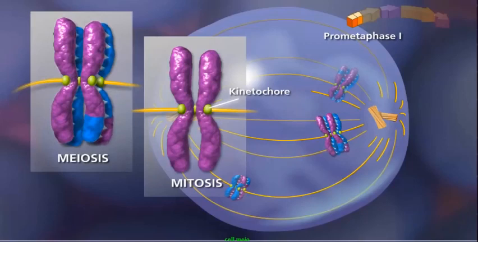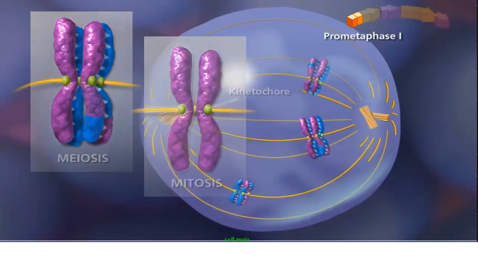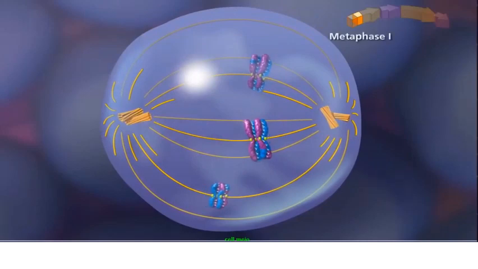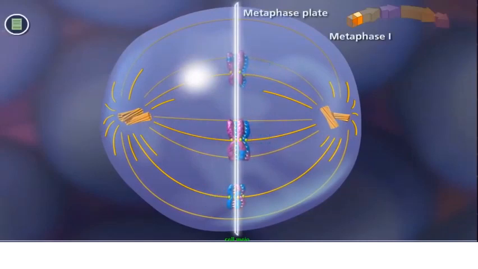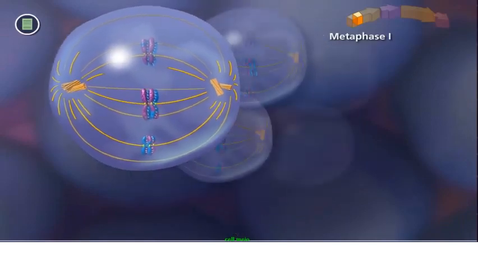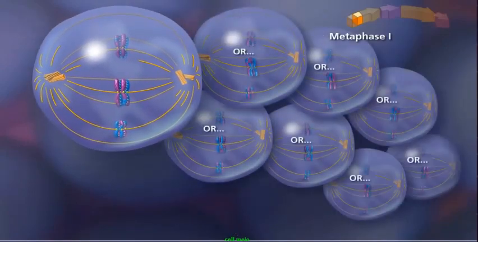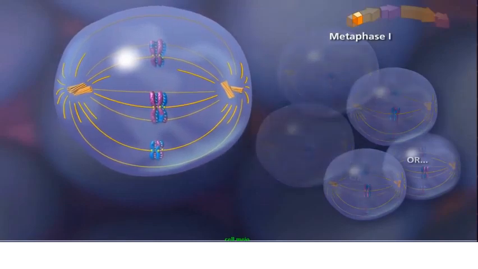In mitosis, each sister chromatid is attached to a spindle fiber. The fibers originate from opposite poles. During Metaphase I, bivalents randomly align along the metaphase plate. Due to independent assortment, this alignment is random and adds to genetic diversity.